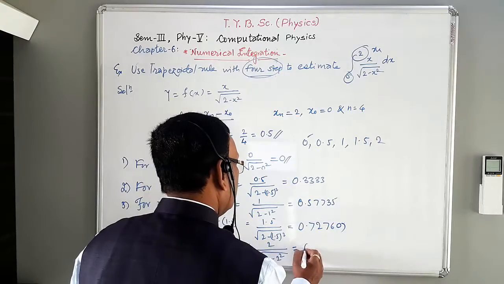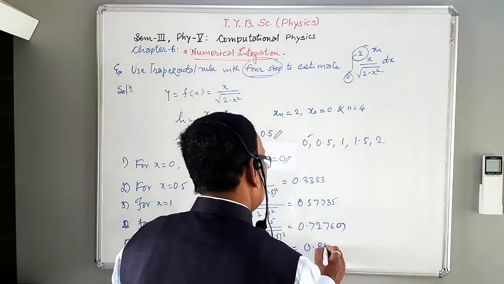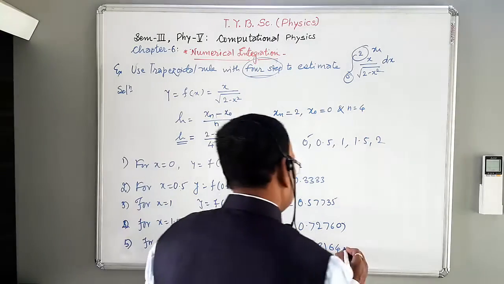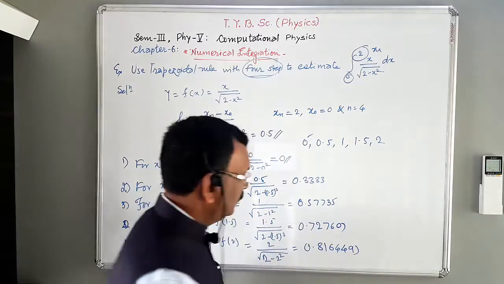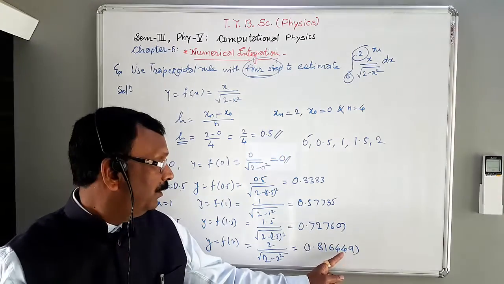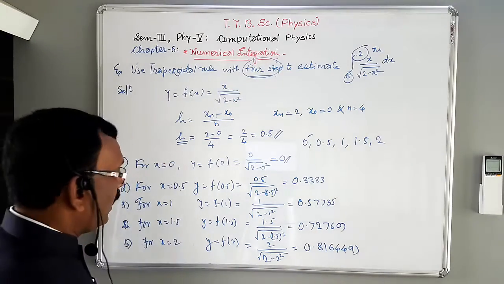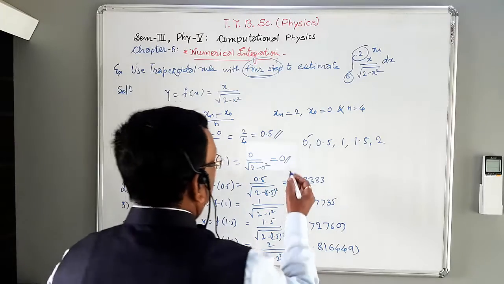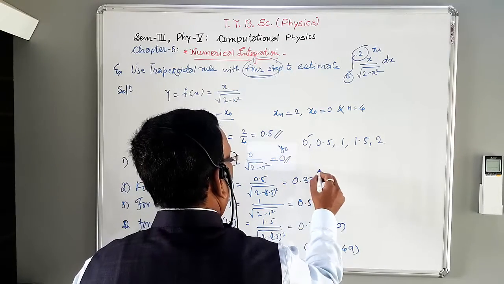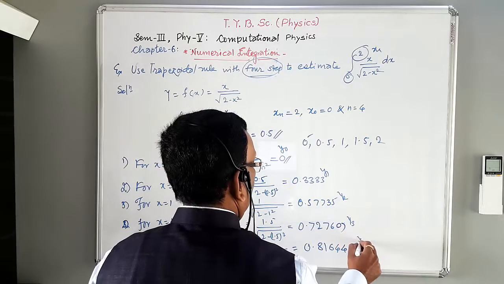Solve this by using a calculator, you will get 0.8164, up to 4 decimal points, 0.8164497. Okay. These are the values of y0, y1, y2, y3 and y4.